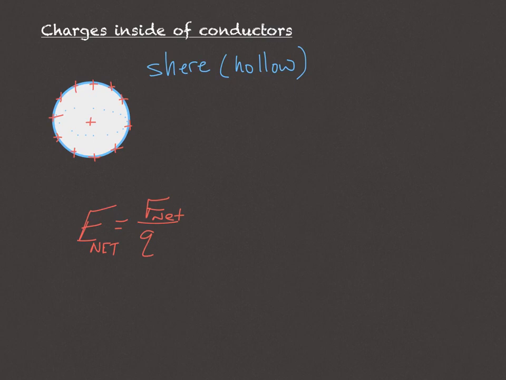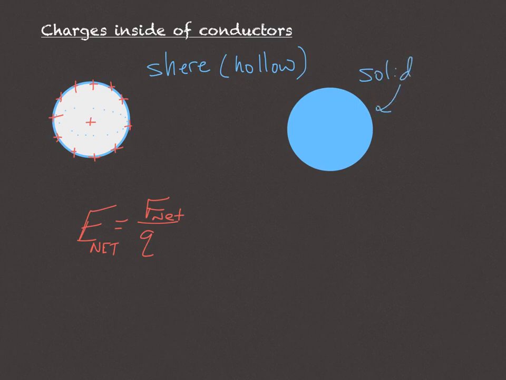If the sphere were solid, and we did the same thing, we touched it with a positively charged rod, the charges would still push each other as far away as they possibly could, which would end up on the outer surface of the sphere.